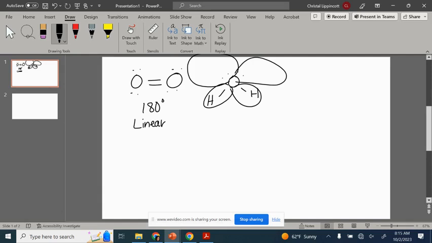Imagine this in a 3D world. These guys are going to push down on these, or bend them. And your bond angle is 104.5.